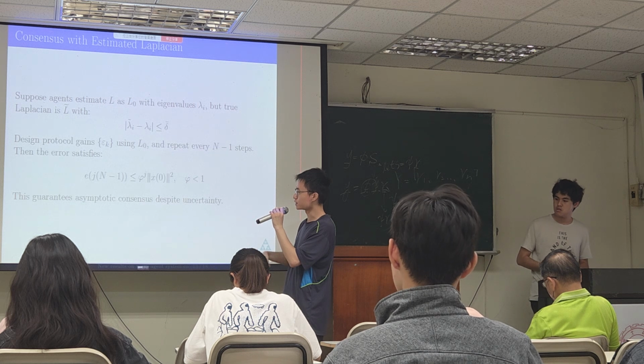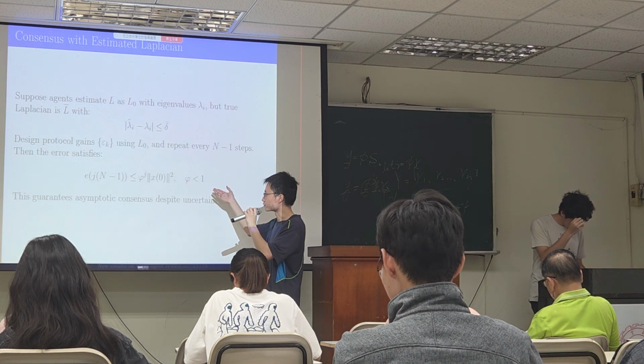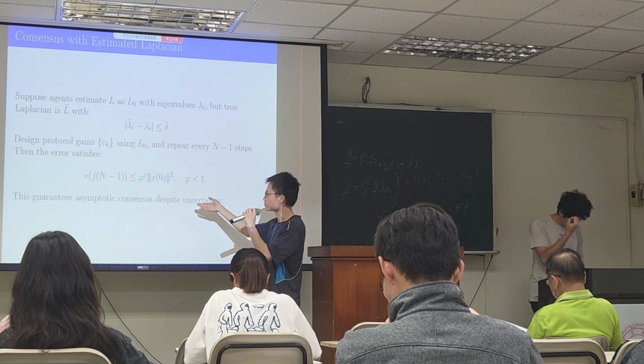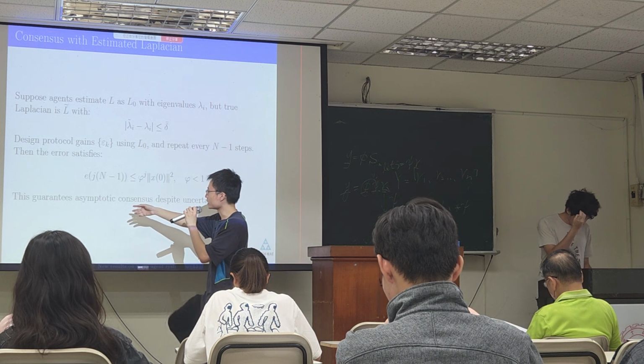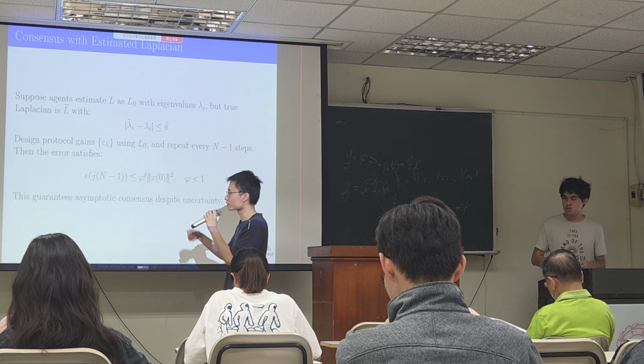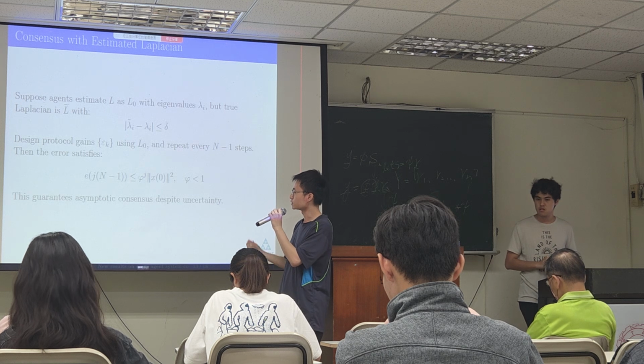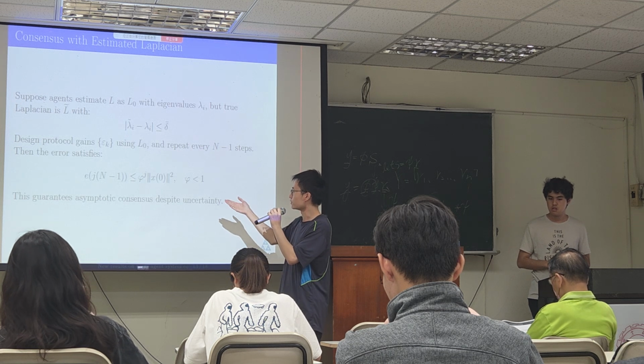And the error may satisfy the formula. The error may occur because, as you can see, it basically means the eigenvalues of all the sets over time are less than or equal to this one.